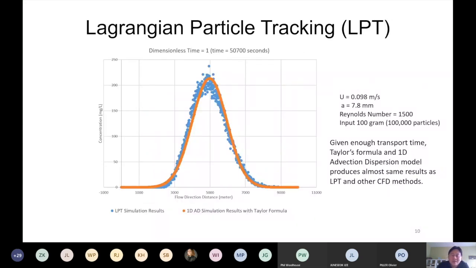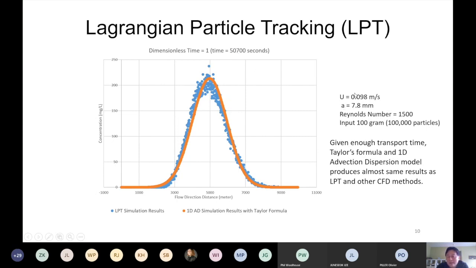In order to check if it's really doing what we expect it to do, first I look at the classical Taylor's case when the dimensionless time is large. Here you can see the time is very large, like 50,000 seconds.